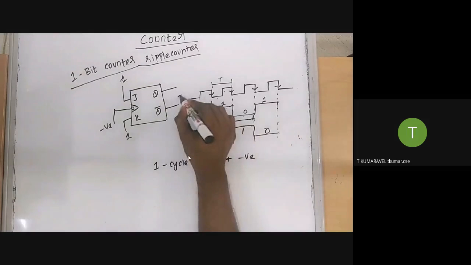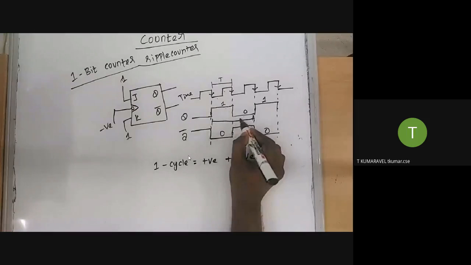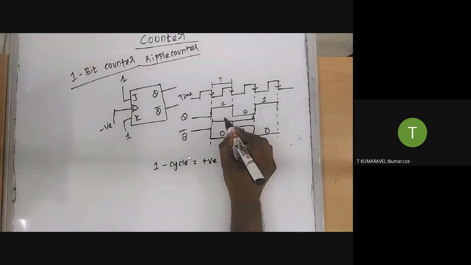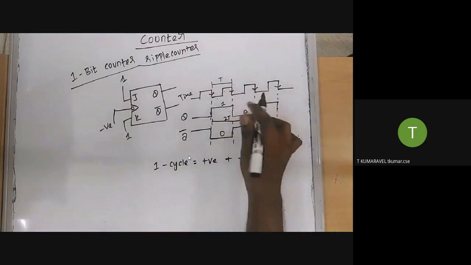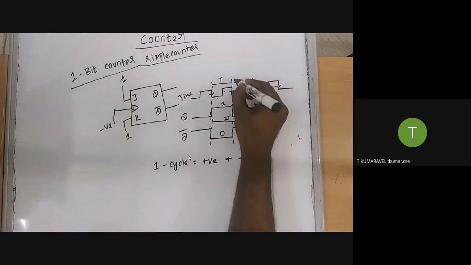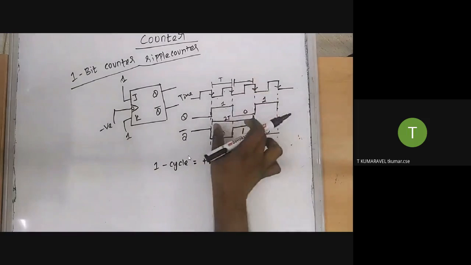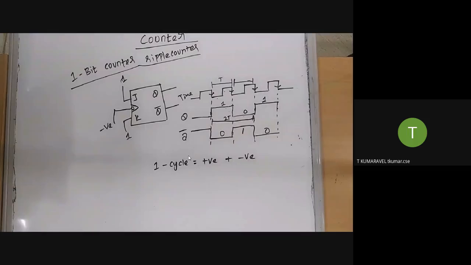This is a timing diagram, up to which we call it one clock cycle. I represent this as 2T. Why 2T? Compared with the previous cycle, this is one clock cycle, and here one more clock cycle is there. Both periods together we call one clock cycle, so I represent it as 2T.